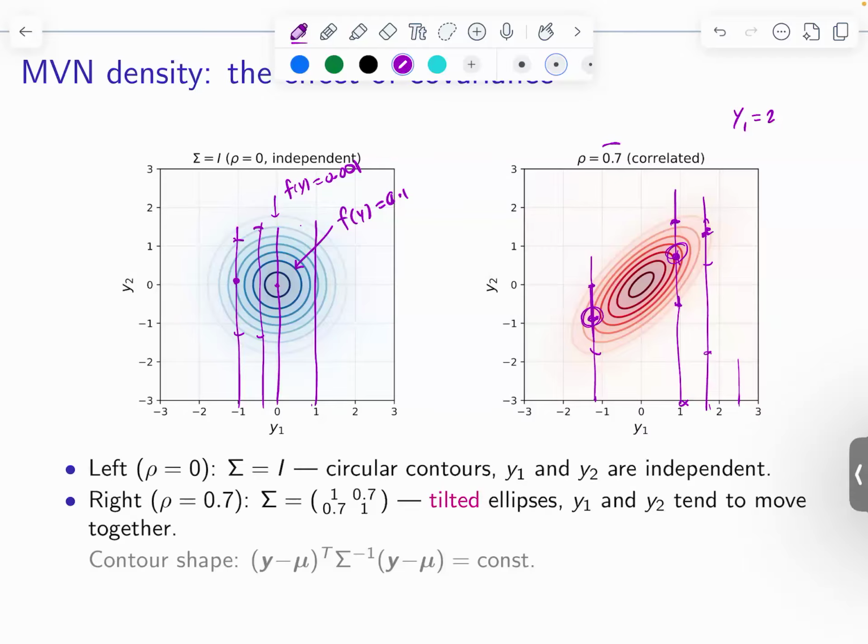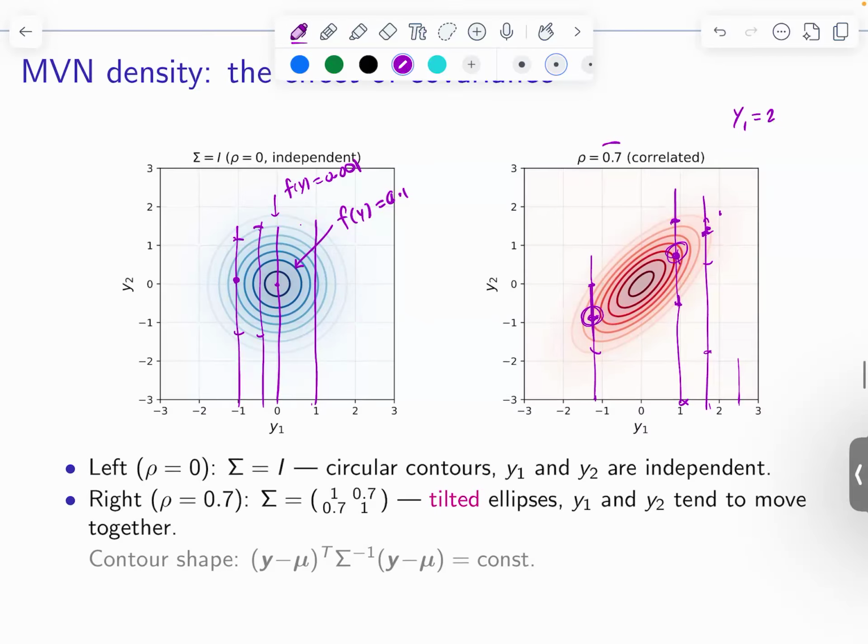For example, y1 being equal to 2 is very unlikely. Here we're doing correlation 0.1, but the variances are 1. So for a single normal distribution, being bigger than 2 in absolute value is very unlikely, less than 5%.